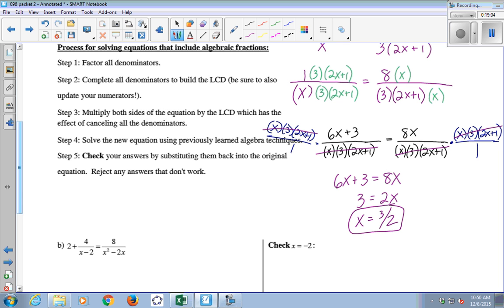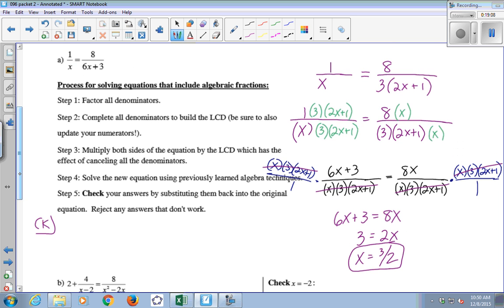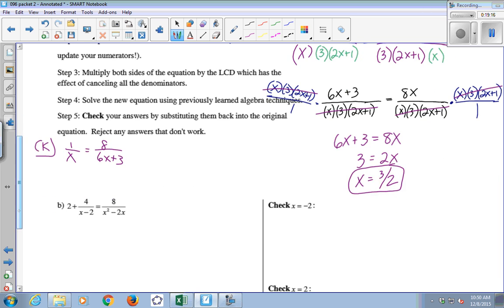So then we should check. I'll do my check right here. Copy your original equation, 1 over x equals 8 over 6x plus 3. Replace all your x's with 3 halves, or 1.5 if the decimal is easier for you. Is 1 over 1.5 equal to 8 over 6 times 1.5 plus 3?